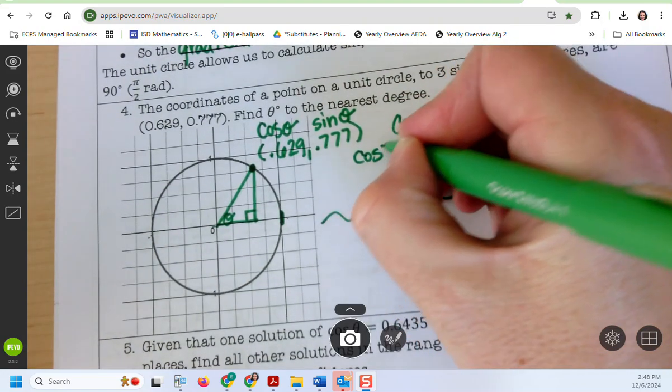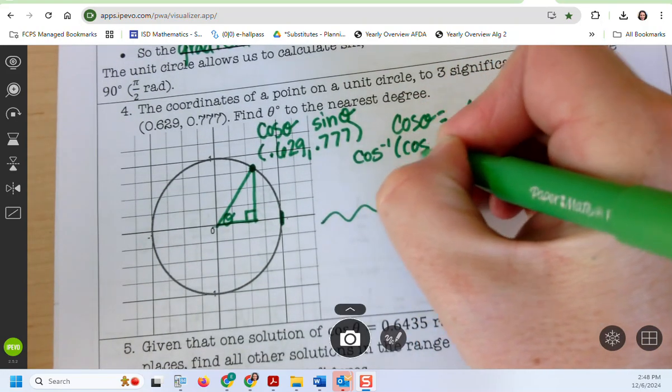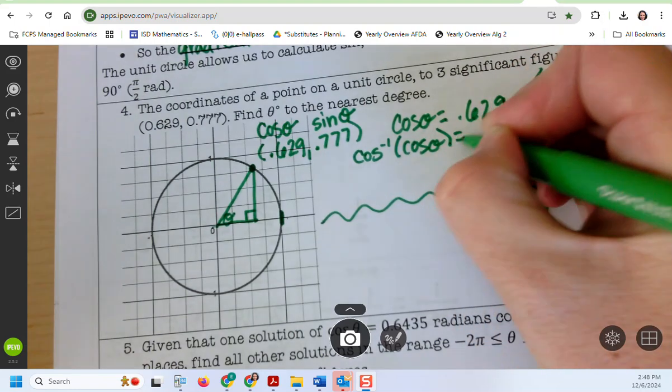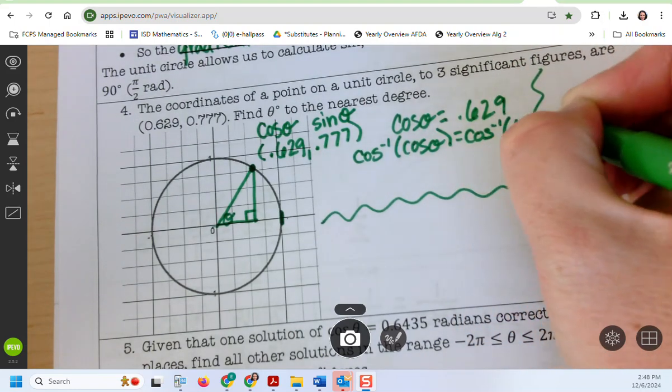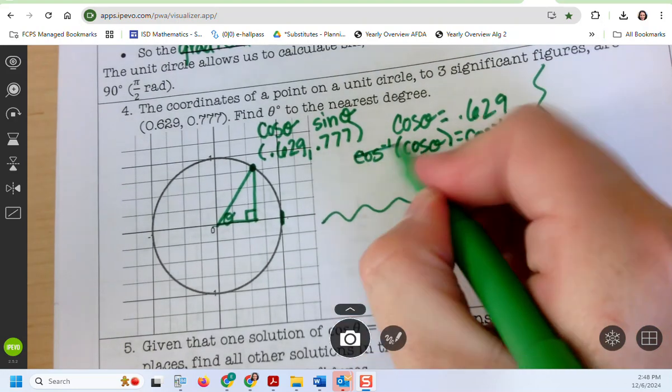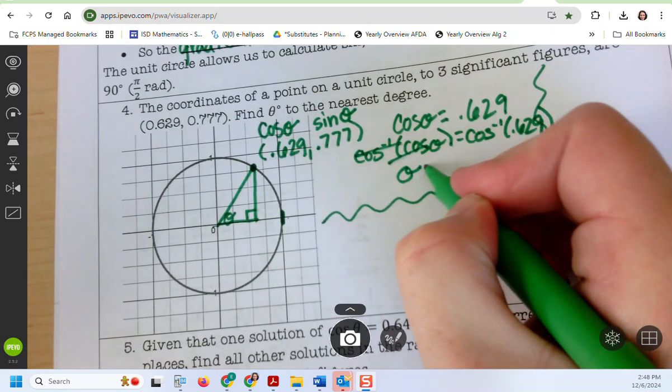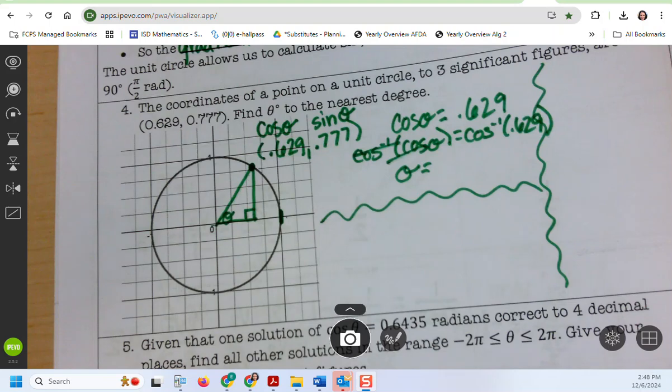So you apply the inverse cosine to the cosine, and you apply the inverse cosine to the 0.629, and then these cancel, and then you use your calculator to do inverse cosine 0.629. Before you press cosine, what do you have to press to get inverse cosine? Second. So go ahead and do that on your calculator.